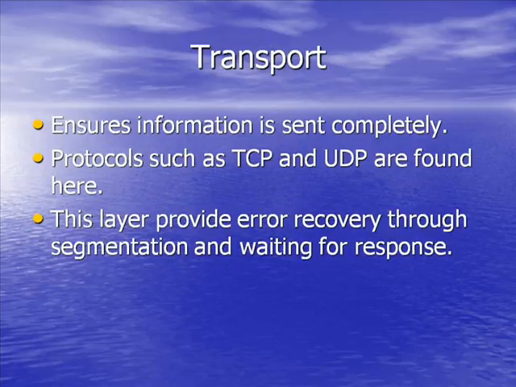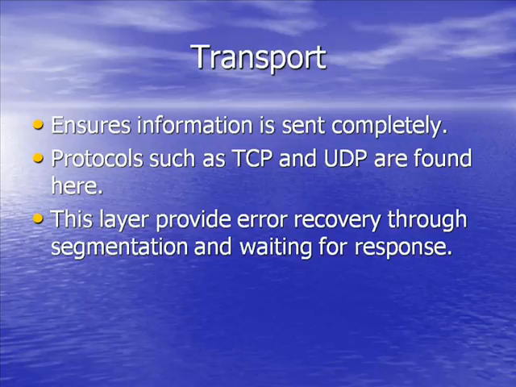Okay, so the transport layer. This is where things start to get a little more interesting as the information is turned into a segment. Anything that comes out of the transport layer comes out as a segment. The transport layer is responsible for end-to-end error control as well as end-to-end flow control.